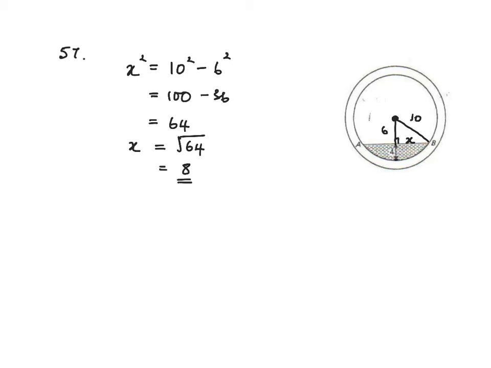Now, to get the full width AB, it's 2 lots of 8, which is 16, and the dimensions are centimetres.